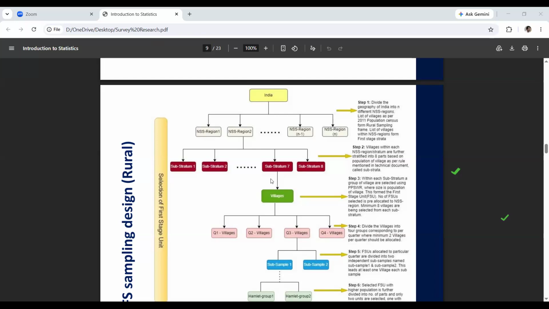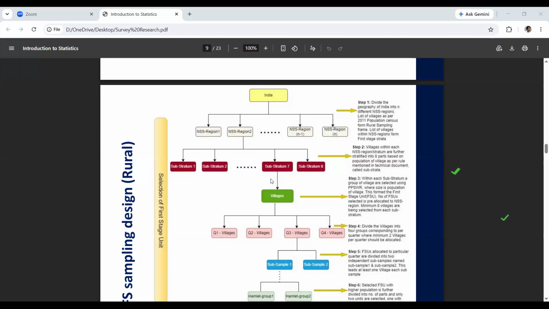So you can compute estimates at NSS region level, at state level, at national level, but not at district level. The total number of districts is more than 700 in India. NSS regions are only around 88. Even smaller states form only one NSS region, like Meghalaya only one NSS region, Tripura only one. Right?